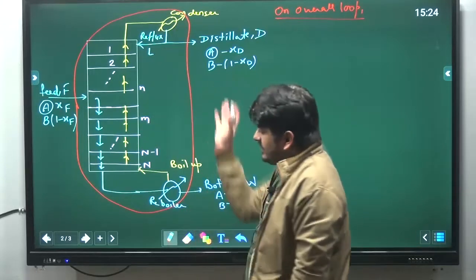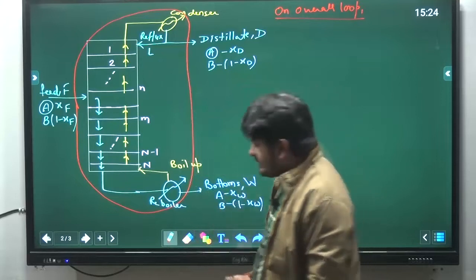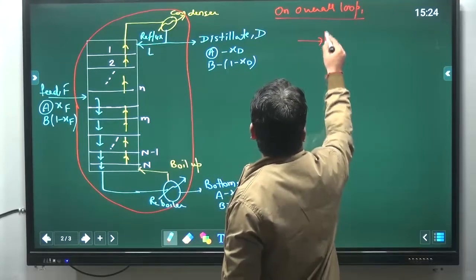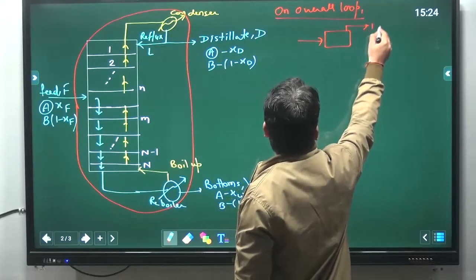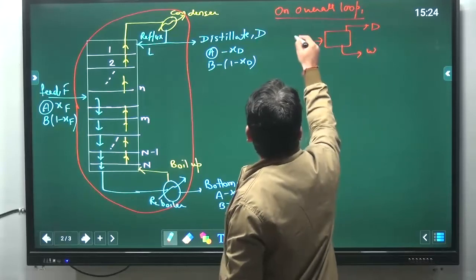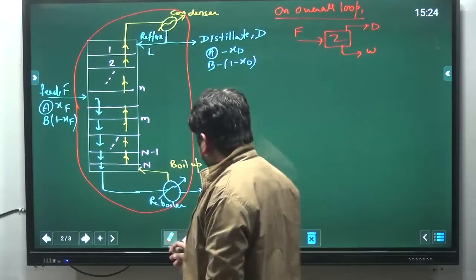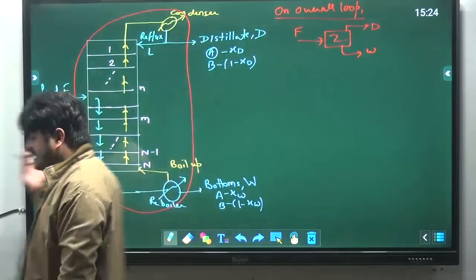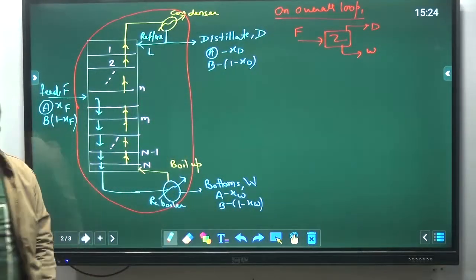If you see, we have reduced the entire process into one block diagram. So this will be something like this. What is happening inside the system, we don't care. So that's how we can reduce the entire process into one block diagram.